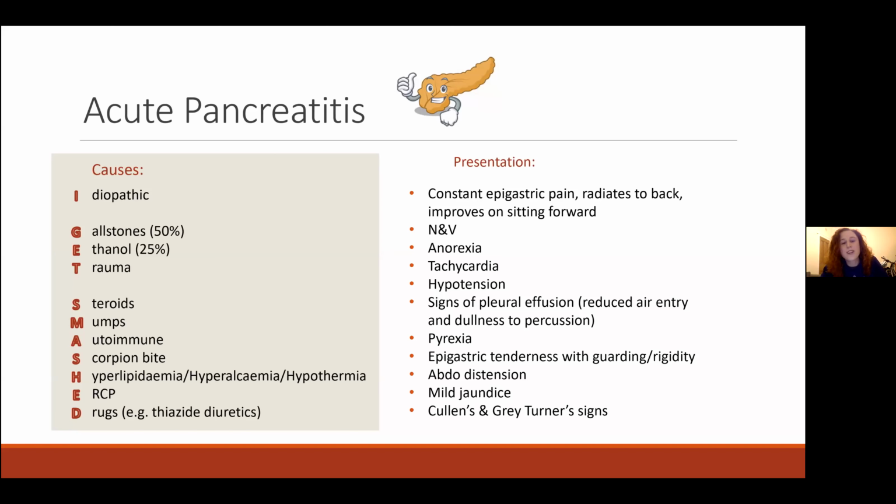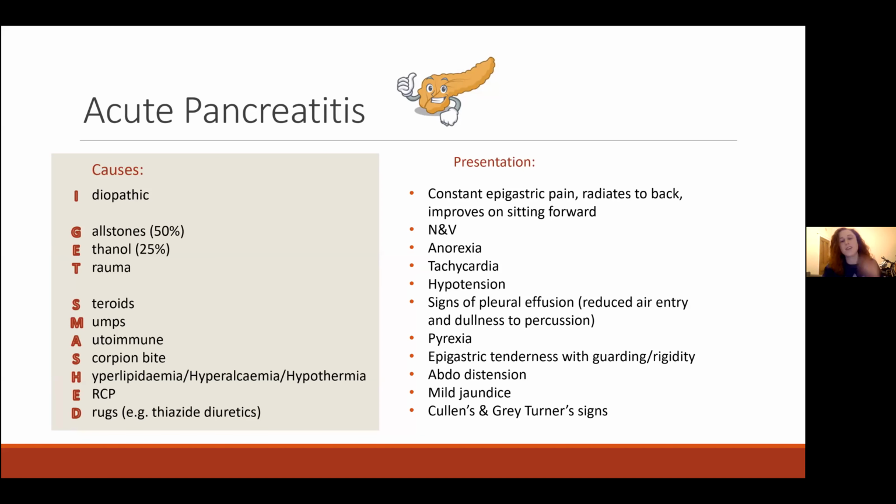You can also get particular signs which are common in OSCEs and finals, which are called Cullen's and Grey Turner's signs. So does anyone know what these signs are? Bruising in the flank, bleeding, Cullen's is around the belly button.